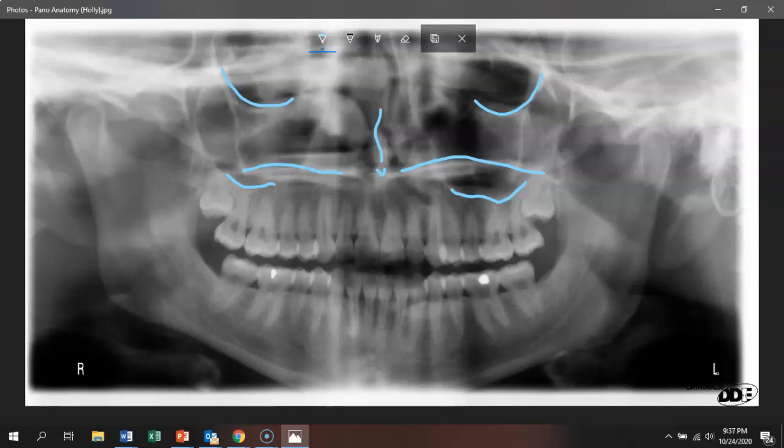And then let's see if we can find an airspace. I'm going to take this off. Can you see an airspace? Can you draw your finger through an airspace?